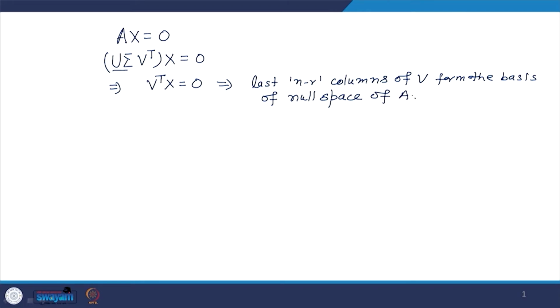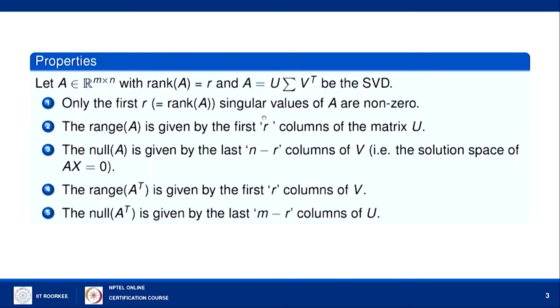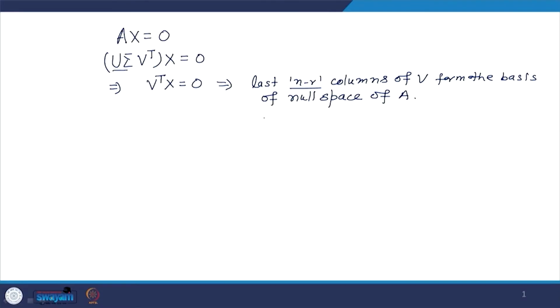In other words, the last n minus r columns, the columns associated with the zero singular values, will give you the null space of A. Similarly, for the range space of A transpose, you can easily see A equals U sigma V transpose, so A transpose becomes the transpose of U sigma V transpose, that is V sigma transpose U transpose.